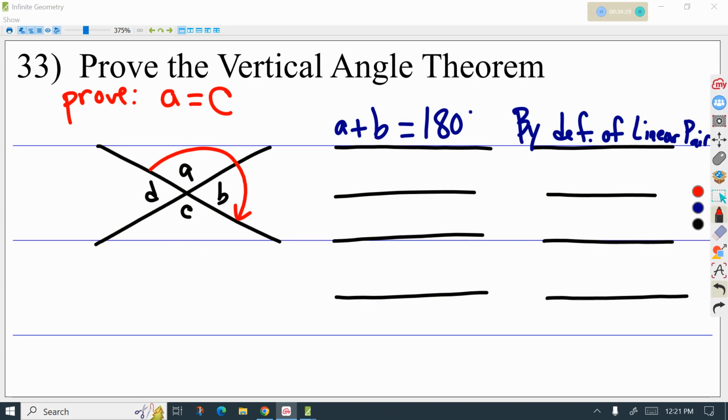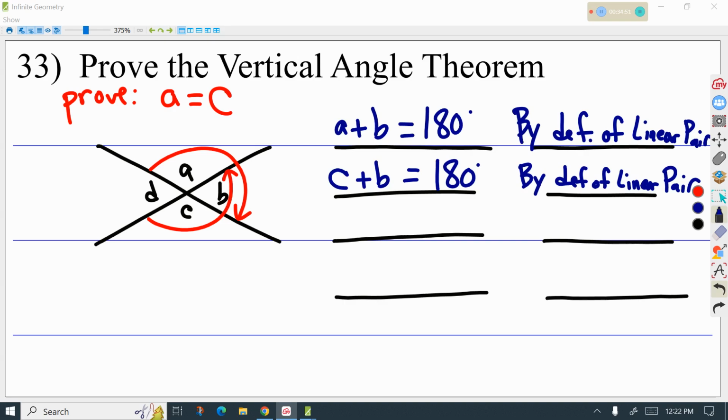So what we do this time is we say that C plus B also adds up to 180. So we'll write C plus B equals 180. And again, that's the same reason, by definition of linear pair.